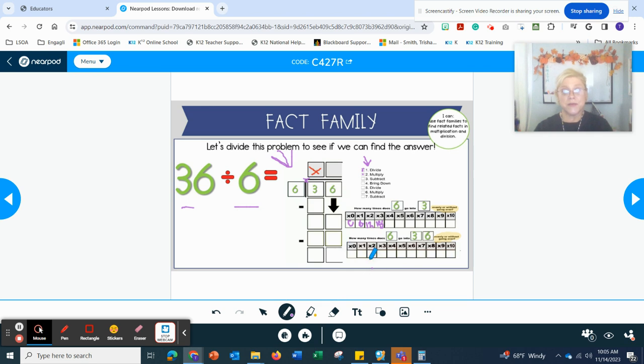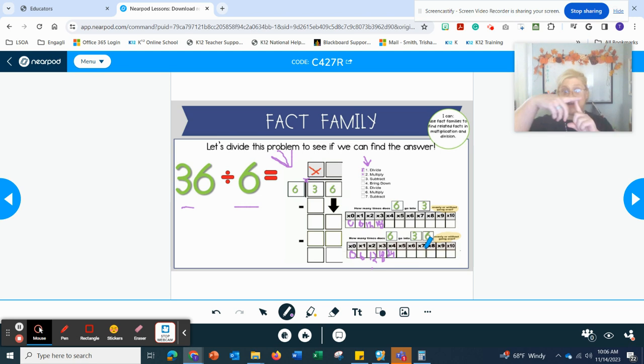6 times 0. Remember, 0 is our hero. 6 times 0 is 0. 6 times 1 is the mirror, 6. 6 times 2 is 12. 6 times 3 is 18. 6 times 4 is 24. This is where that automaticity comes in, chickadoodles. 6 times 5.